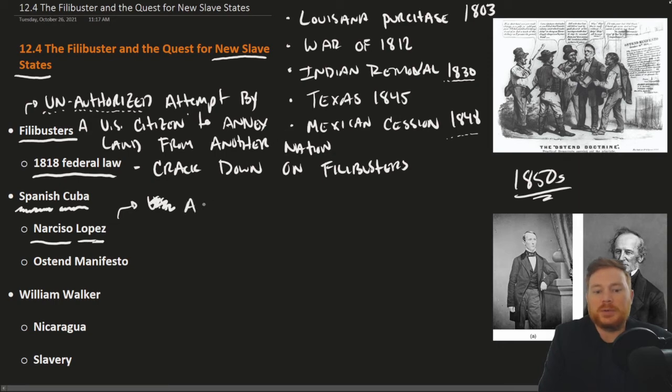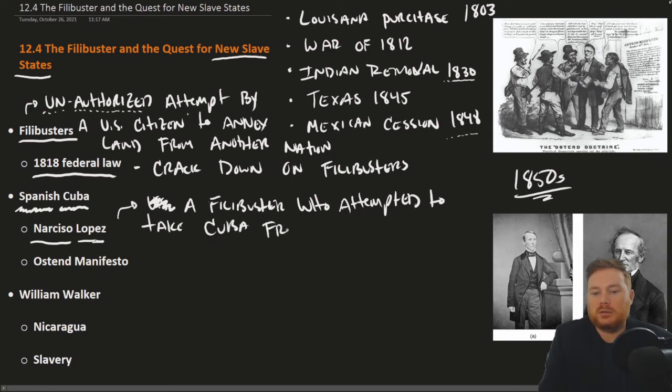But he was a filibuster who attempted to take Cuba from Spain. Ultimately, he failed. He actually attempted several times, failed, and was executed.